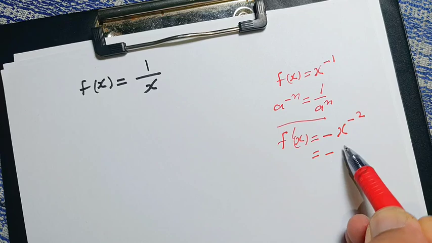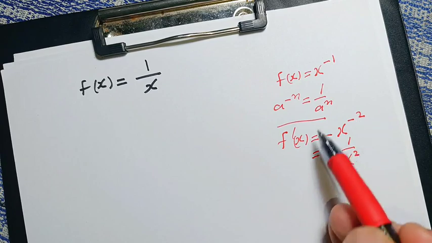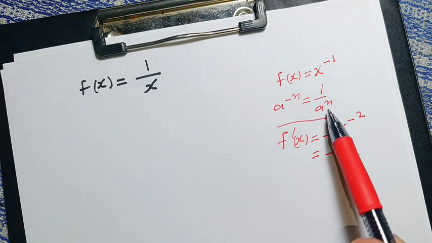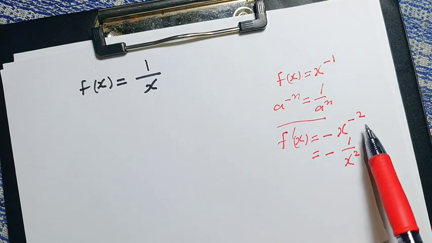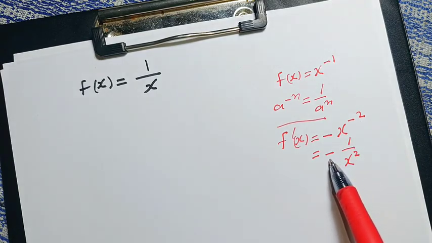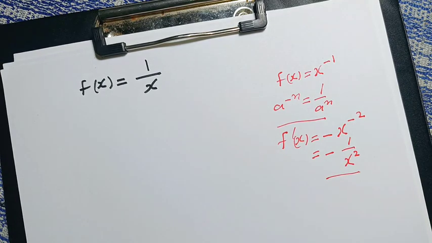It's going to be negative, 1 over x to the power 2. When I pull it down, I apply this formula again, and it becomes positive. So x to the power 2 becomes positive, and the answer is going to be negative 1 over x squared. This must be my answer when I apply the first principle on this function.